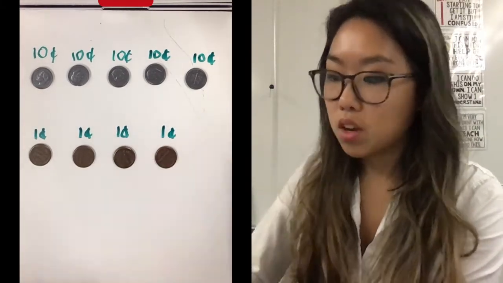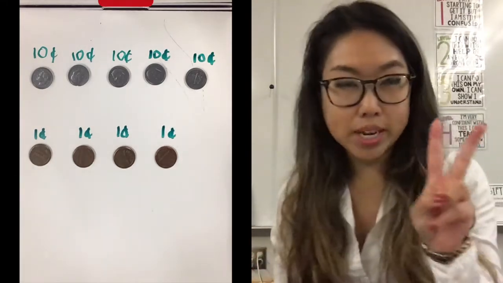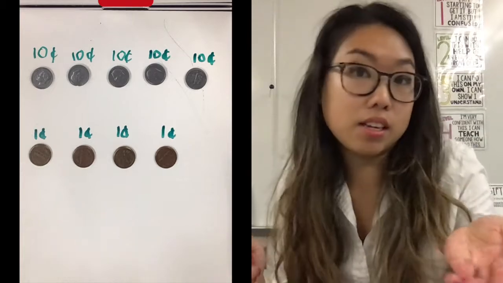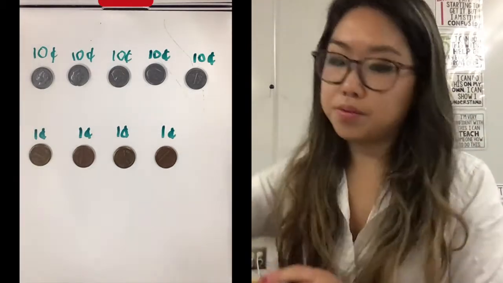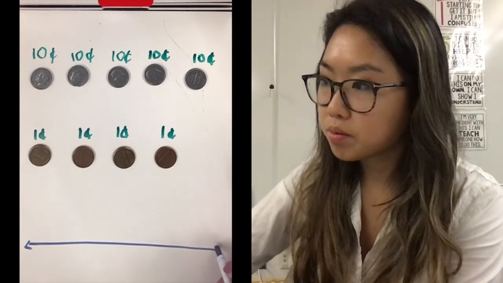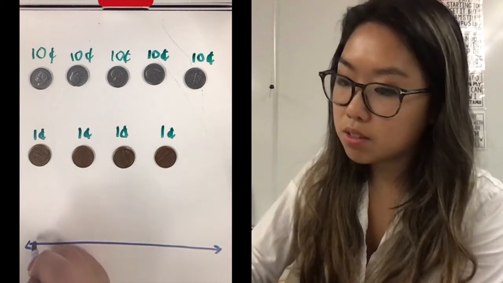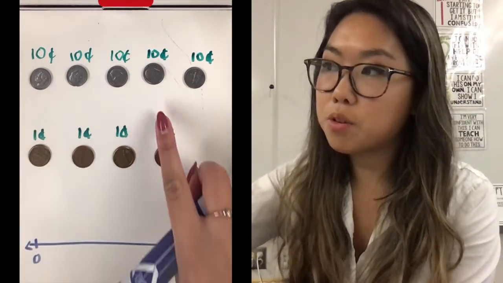Now, what I need to do is skip count. Remember, there's 2 ways I can skip count. I can show my thinking using a number line, or I could use a hundreds chart. So, if I want to use a number line, I can start with 0, and I have 5 dimes. 1, 2, 3, 4, 5.